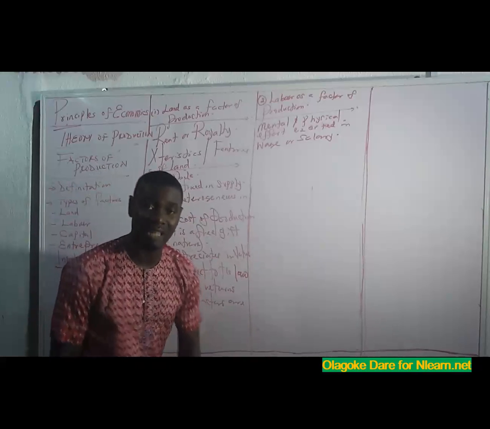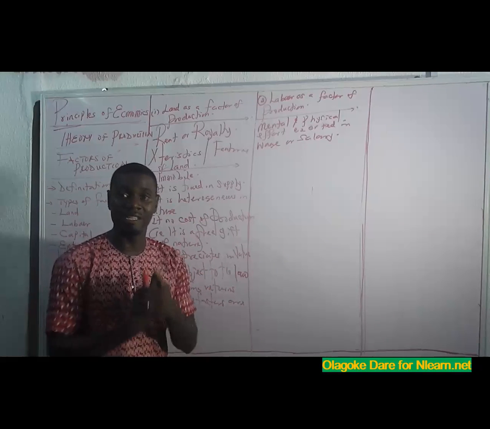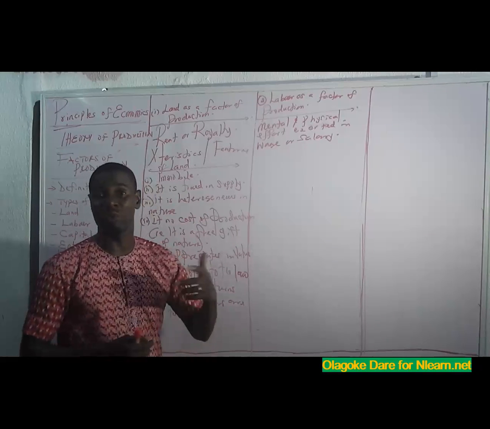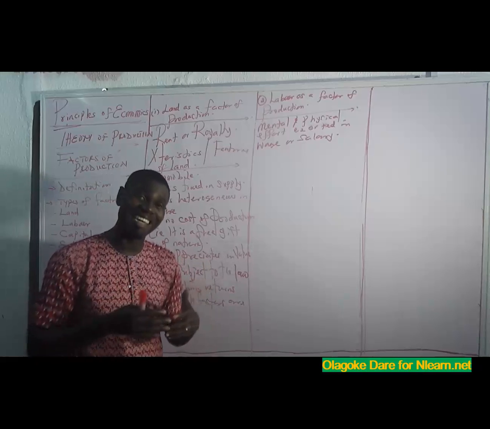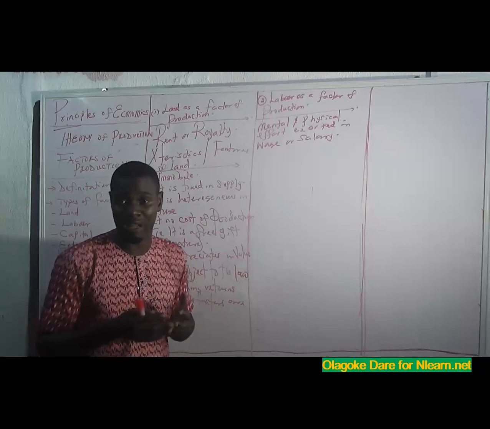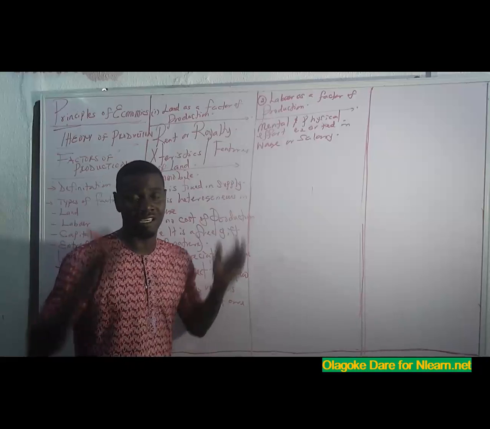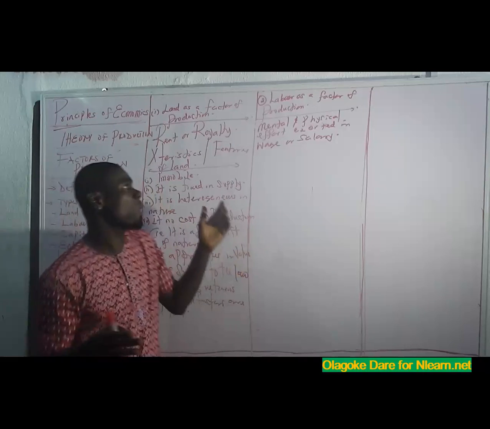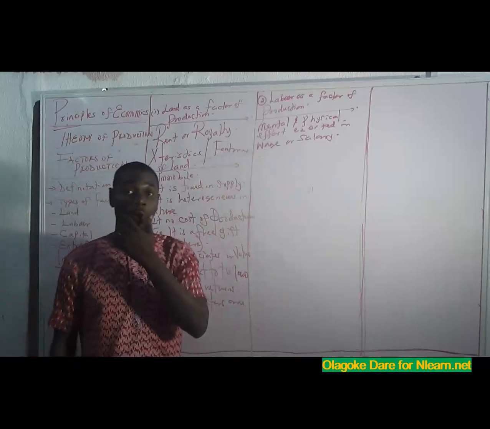So if someone is working and receives an amount hourly, daily or weekly, that person is receiving wage. It is usually paid to those who will be laid off in a short while, which means after the completion of a particular job, their services will not be needed. So those laborers will be compensated with what we call wage.